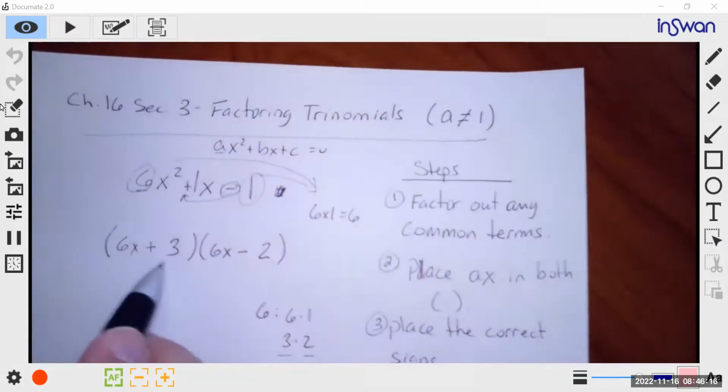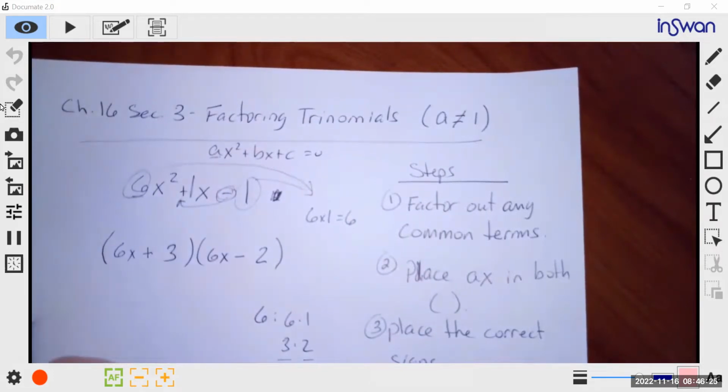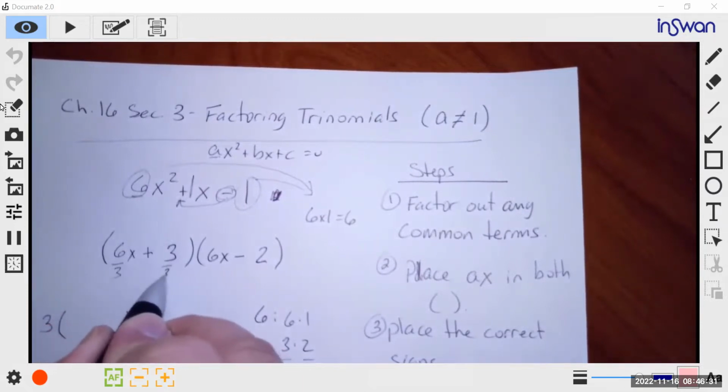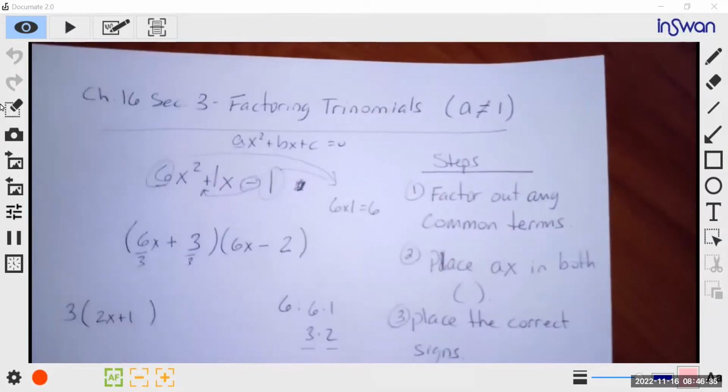So in this first one, what do they have in common? What do 6 and 3 have in common? A 3. So I can factor out a 3. Since I factor out a 3, I got a 2x plus 1.